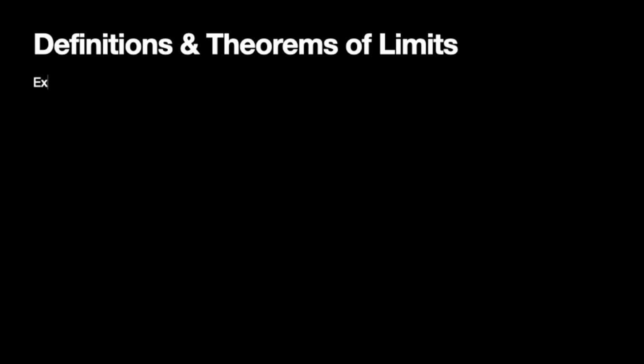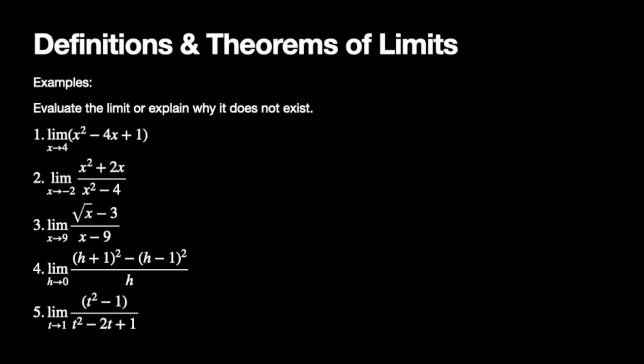Limit examples. Evaluate the limit or explain why it does not exist. 8. The limit as x approaches 4 of x squared minus 4x plus 1. 9. The limit as x approaches negative 2 of the function x squared plus 2x over x squared minus 4. 10.